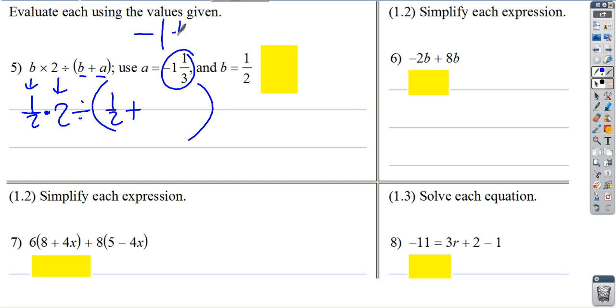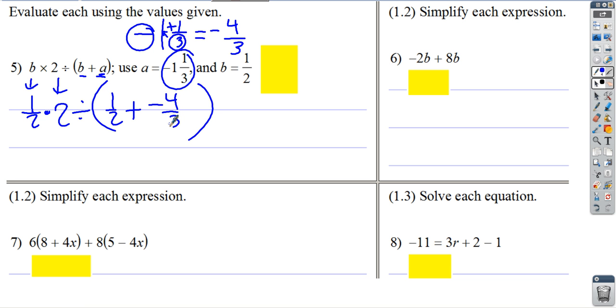For negative 1 1/3, take 3 times 1, which is 3, and 3 plus 1 is 4. So that's 4/3, and the negative just stays attached. We're doing 3 times 1, not 3 times negative 1. So A is the same thing as negative 4/3.